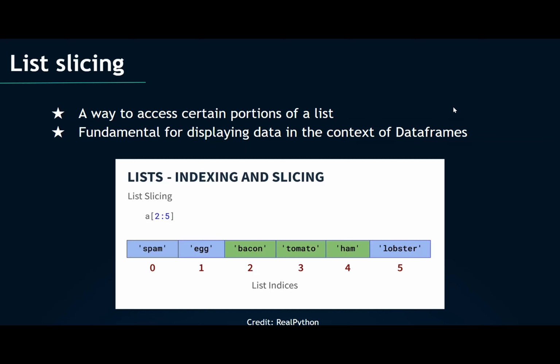It's basically a way to access certain portions of the list. And this is going to be the foundation of how you access data in data frames, which we will be getting to later on in the meeting. But essentially, it's just accessing the information that you want to see within your data structure, whether it be a list or a data frame or what have you.